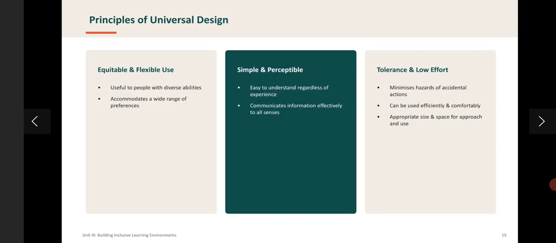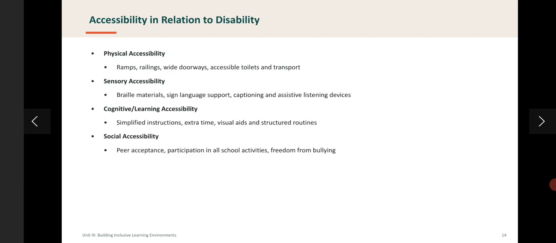Okay, now, universal design. What is this universal design? Equitable and flexible use. See, once again, I am moving back. Whatever we saw in the barrier, here they have given, that is, we saw in the need, barrier and accessibility, which needs to be accessible. It is needed, and it is the barrier, and it should be accessible. Can you get it?